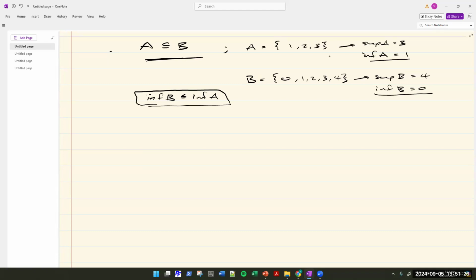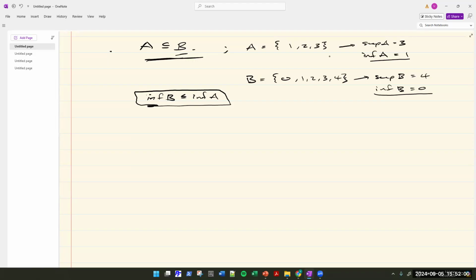It's because, and the same thing happens with the supremum, if B is a bigger set, you are adding more numbers into it. So let's think about the infimum. If you're thinking about the infimum, which is a lower bound, and you take the set A and you add more things into it, well, you can think of the infimum as like the smallest number.